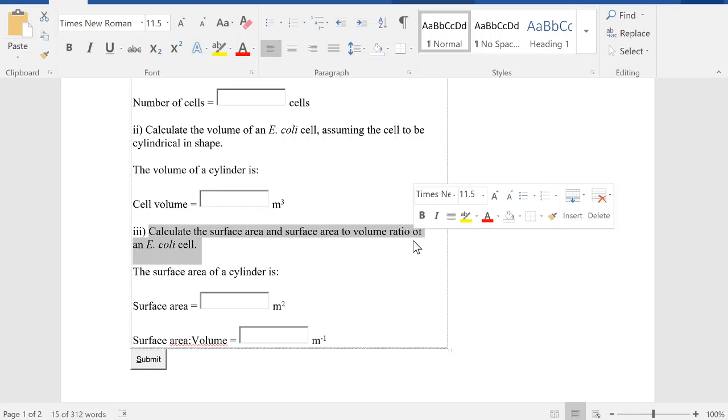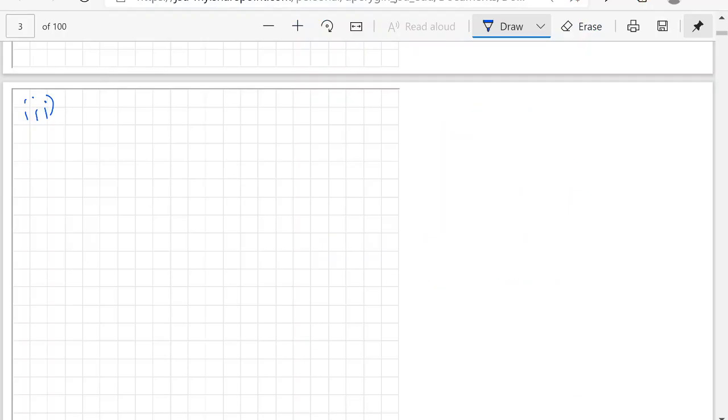Okay, so what is the surface area? Now, I don't remember if they gave you the formula or not for that, but here is the formula for that. So surface area first, and then we need surface area divided by volume. So that'll give us the surface area to volume ratio.